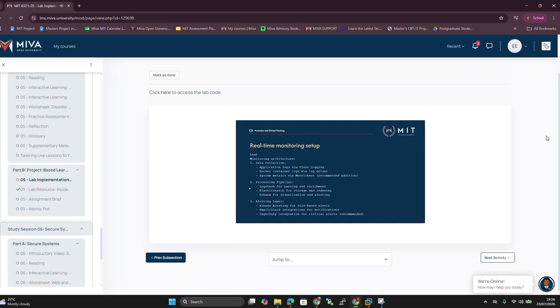And then the second thing is to process what has been collected. That's the processing pipeline. Your data or your log has gone into the log file or the log directory.